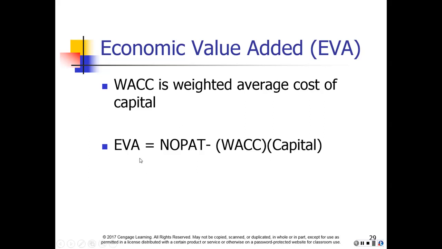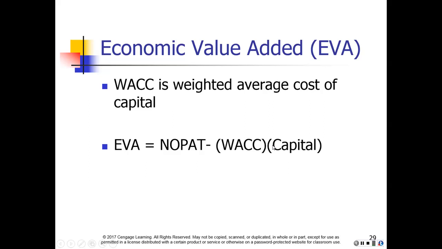Whereas economic value added is our NOPAT. NOPAT is net operating profit after taxes. That's what we had left of operating profit after paying taxes and expenses, minus total capital times the weighted average cost of capital. So it tells us the cost in dollar terms.